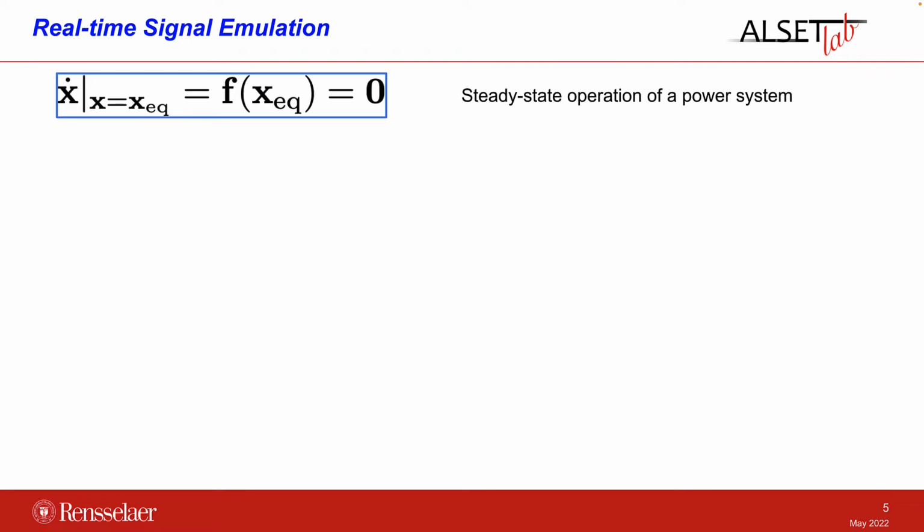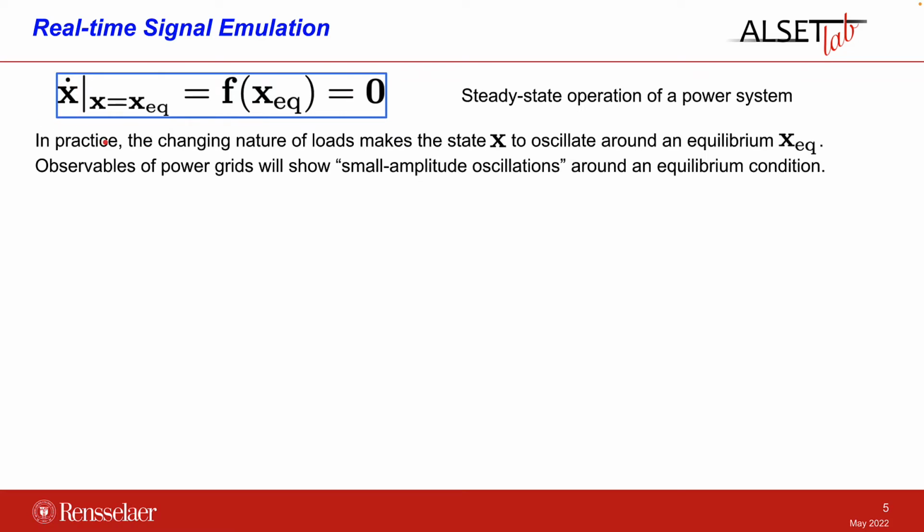I would like to describe briefly how a simple signal can represent an oscillating condition. Let's start by underlining that power systems try to operate in an equilibrium condition, where we have no evolution of the dynamics. So either our system is operating at an equilibrium point or at an equilibrium trajectory.